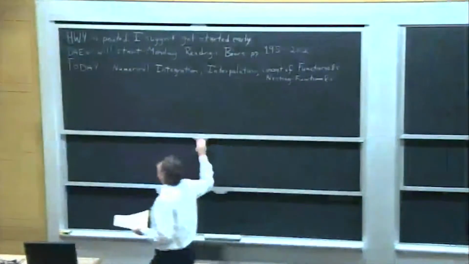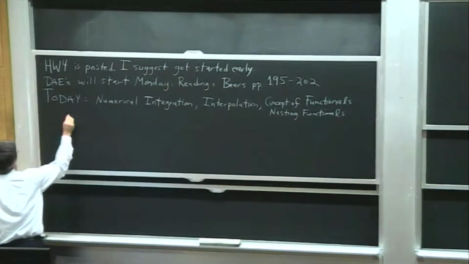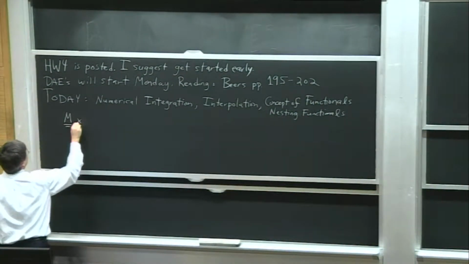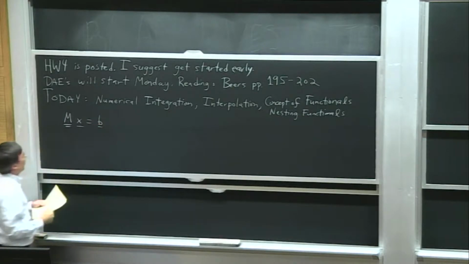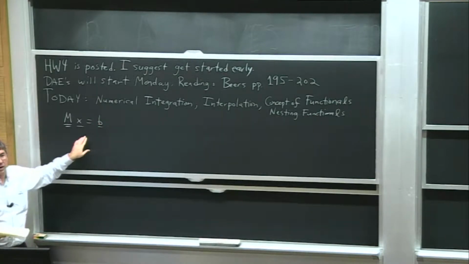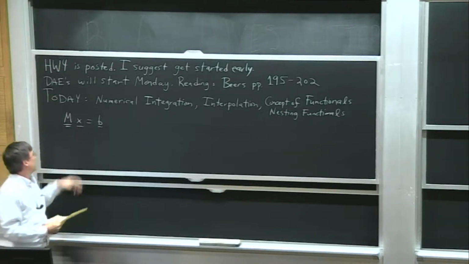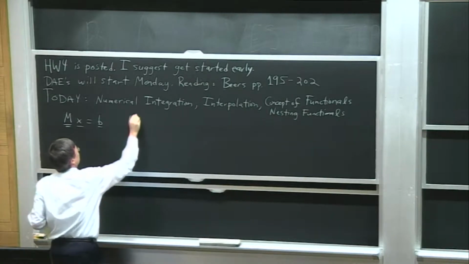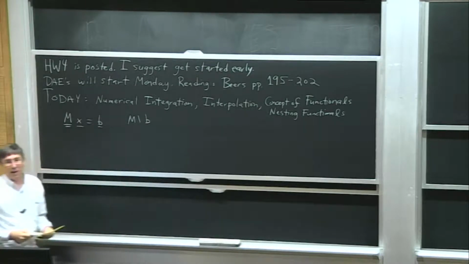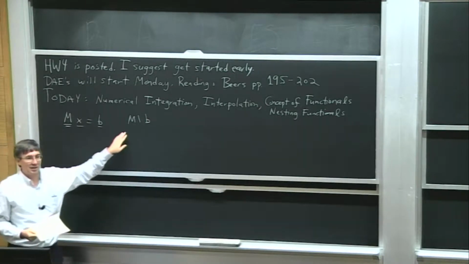So we started out talking a lot about linear algebra, and particularly problems of this type, where you're given a matrix and you're given a vector, and you want to figure out what the x is that makes this equation true. And you've become extremely familiar with the convenient MATLAB backslash function. You've probably used this a lot of times.